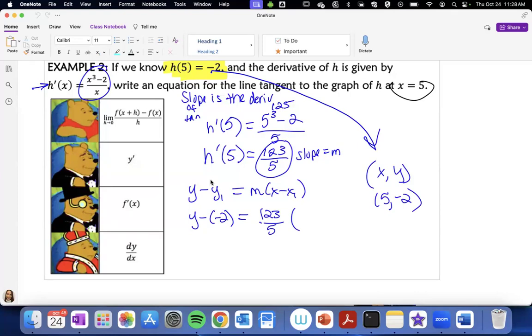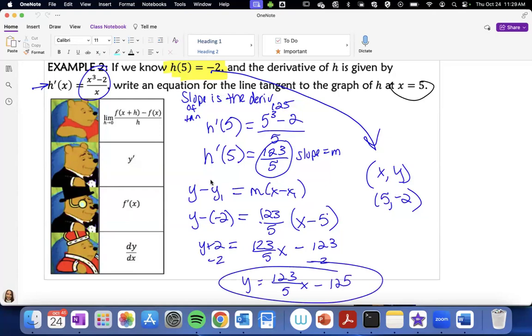x minus 5. Okay, so y plus 2 equals 123 fifths x minus, hey, that becomes 123. That's nice, right? 5s cancel. And then you subtract 2. So it becomes minus 125.